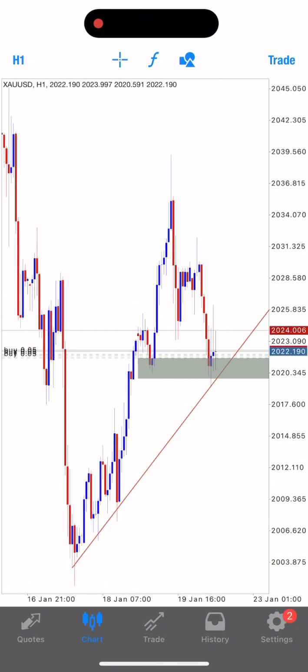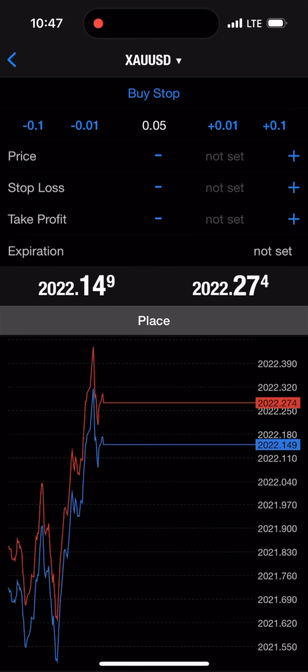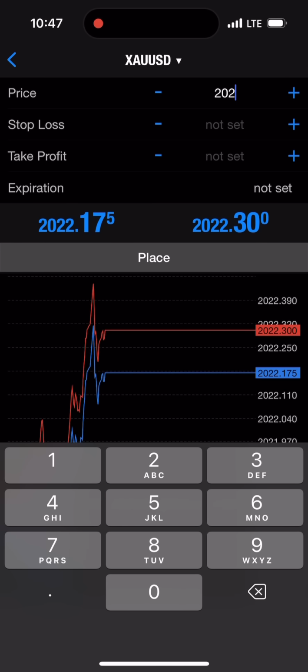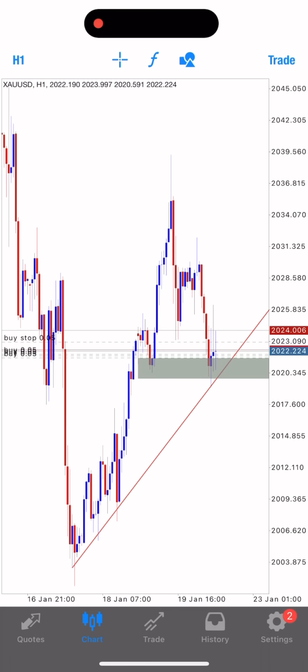Let's add more buy stop orders so that when market starts going up, we leverage more on the profit. We are going to be placing a buy stop order at 2023. Let's place it at just 2023. Yeah, 2023 is okay.